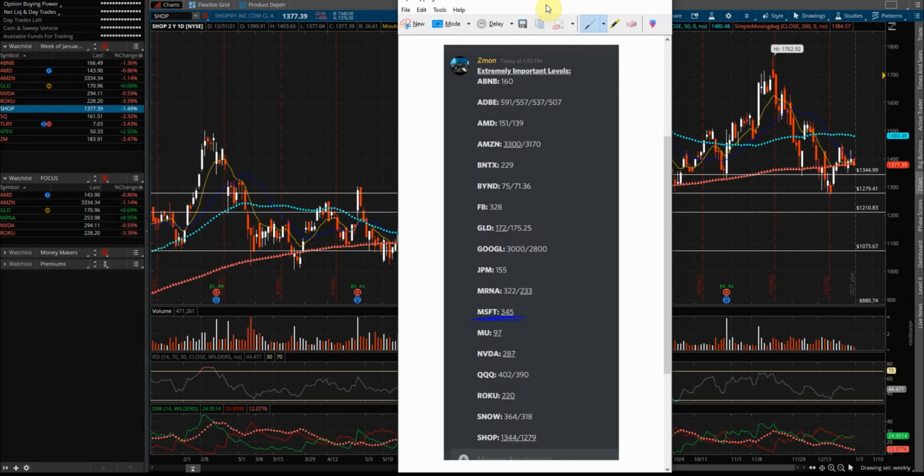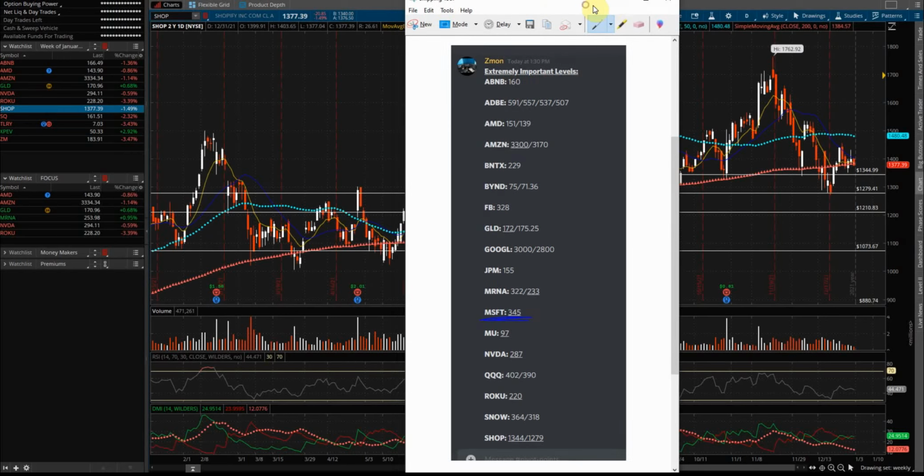So if it's a support level, it can have a major bounce there, or it can really drop if it gets under. And if it's a resistance level, the same idea. It can bounce off of it and continue lower, or if it gets through it, it can rip higher.